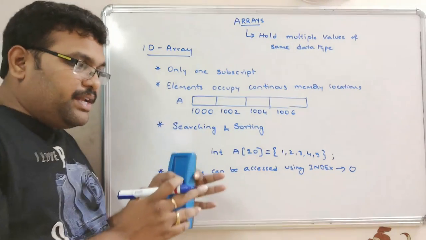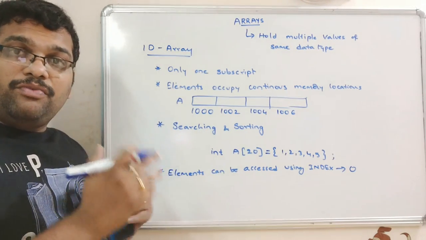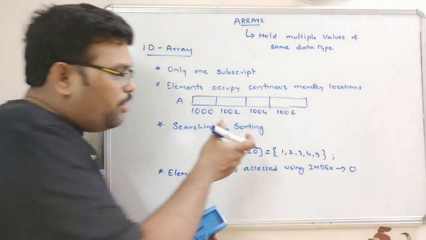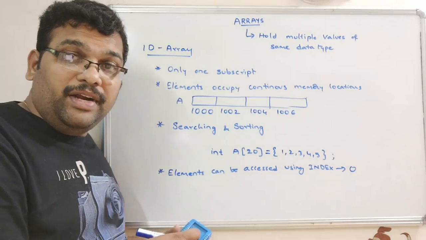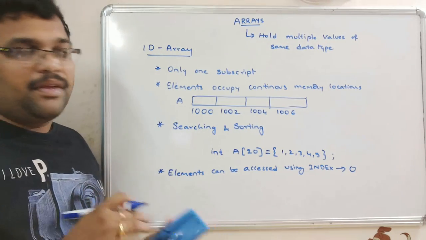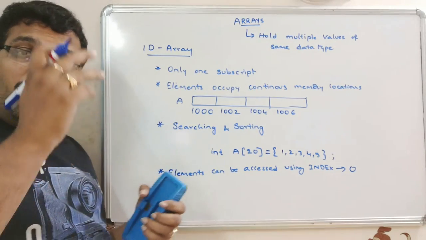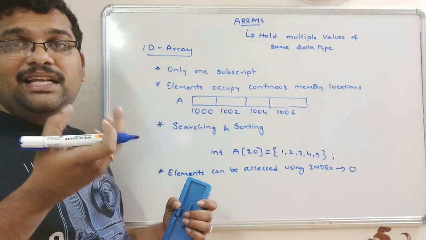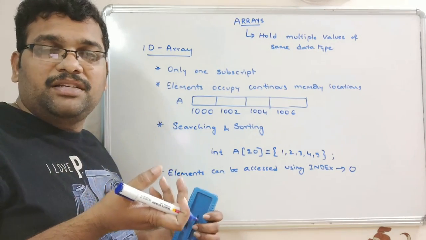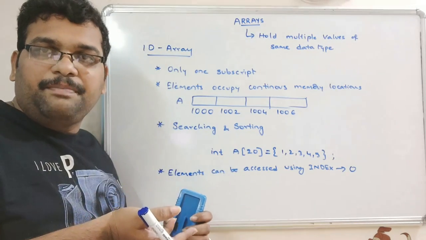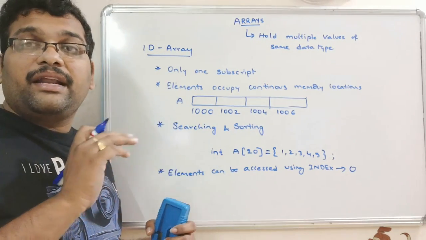Other than this compile time initialization, at runtime also we can read the elements into an array. For that we have to read all the 20 elements. If you want to read all the 20 elements, we have to use the iterative statements, right? It is not possible to write 20 cin statements. We know that cin is nothing but the input statement. So rather than using 20 cin statements, we can go with the iterative statements.